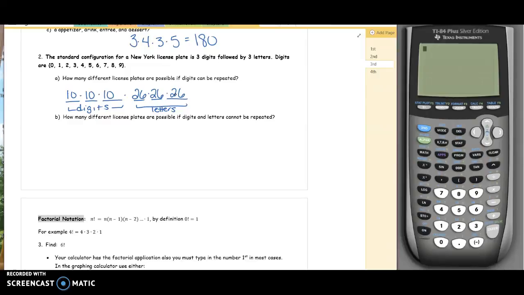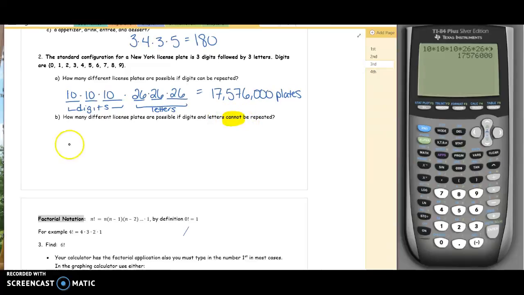This is including repetition. So plug this into your calculator. 17,576,000 possible license plates.